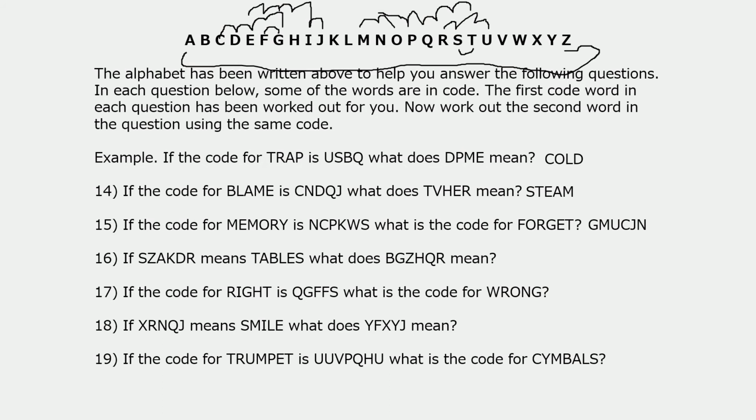A to B, again one forward. K to L, again one forward. D to E, again 1 forward, and R to S, again 1 forward. So now we know that all we have to do is just move it 1 place each forward.